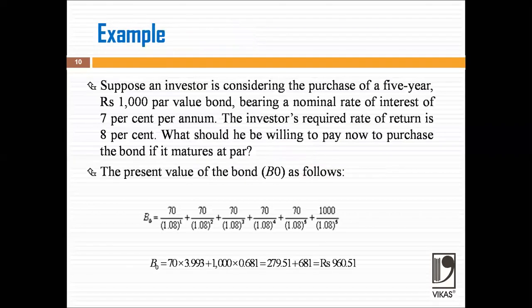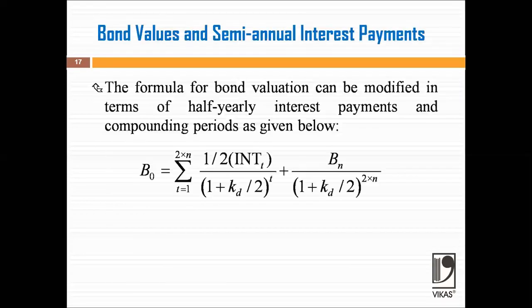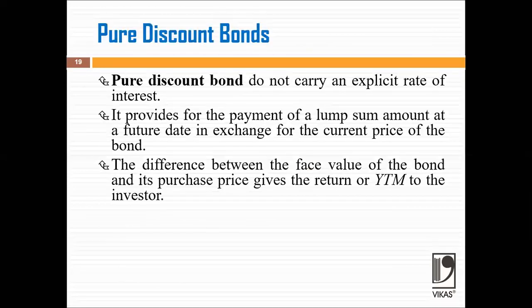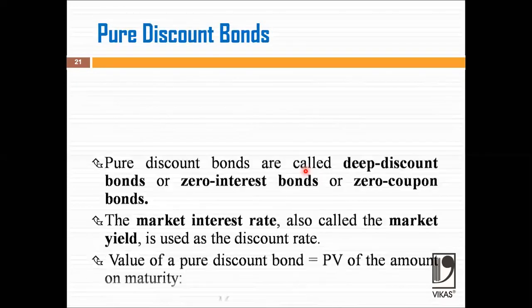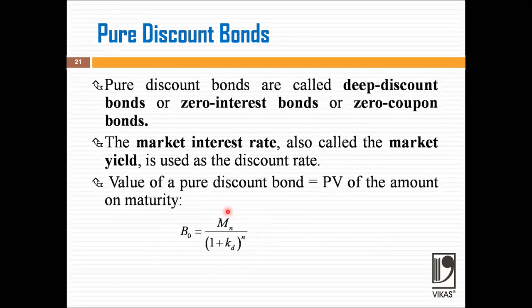It simplifies the formula. The value of the bond is the maturity value divided by (1 plus Kd) to the number of periods. It's a present value, a PVIF, not PVIFA. It's not an annuity, it's a single payment. Therefore, we can't apply an annuity; we have to apply PVIF.